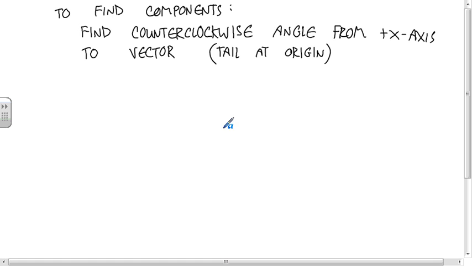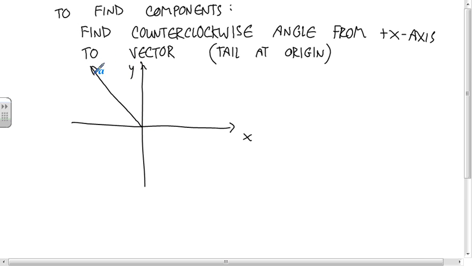So in the case that I just did, if this is the coordinate system, there's the positive x-axis, there's the positive y-axis, there's the vector we're trying to find. We know that this angle is 45 degrees, but that makes a clockwise angle of 45 degrees with the negative x-axis. We want the counterclockwise angle from the positive x-axis. So the angle that we want is this one.